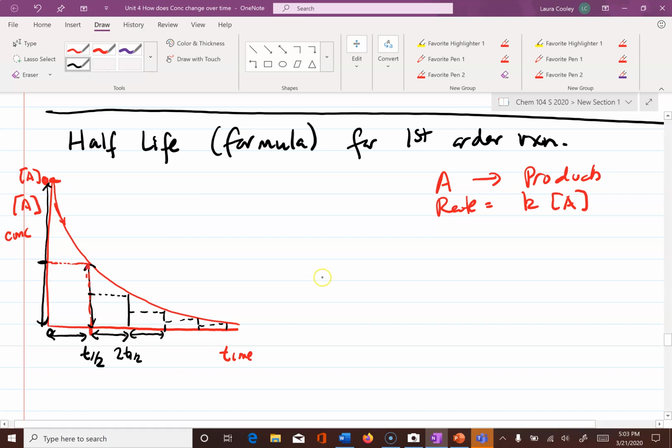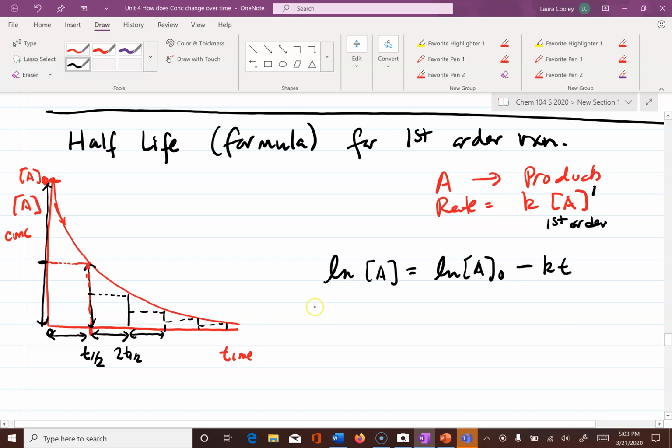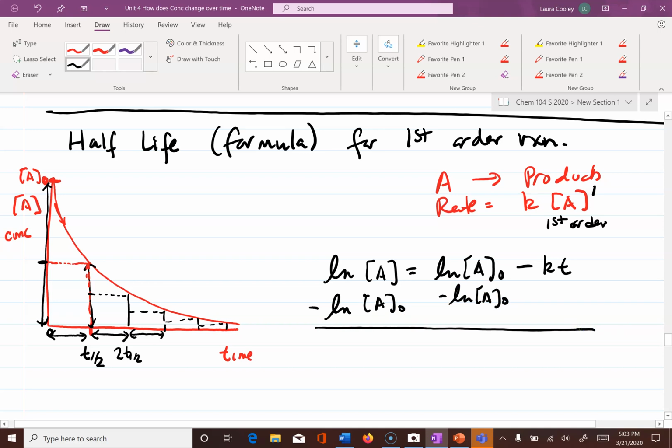So in order to get a formula for the half-life, we start out with this equation that we've used before, which, like I said, is only for first-order reactions. What I'm going to do is subtract the log of A0 from both sides of this equation.